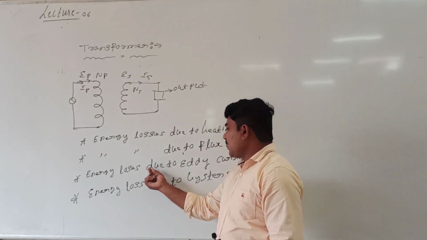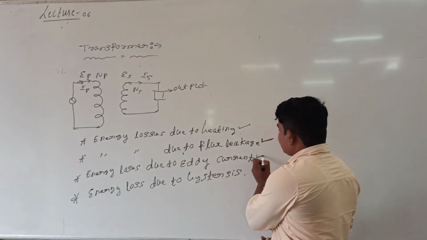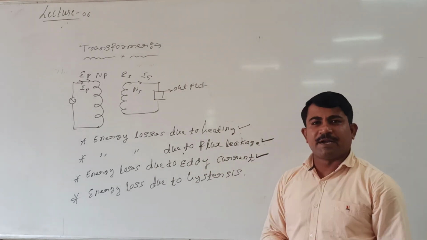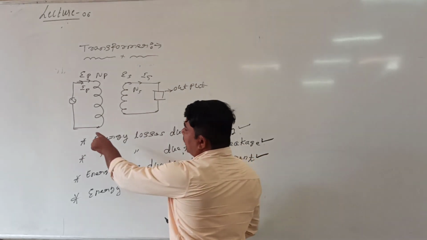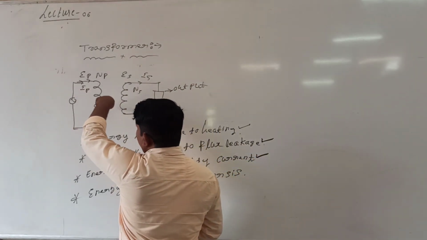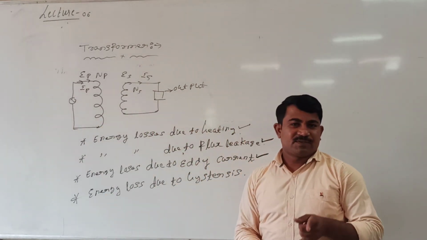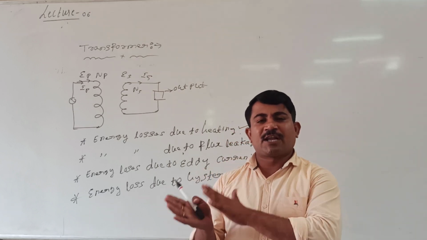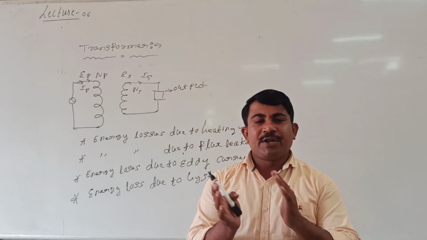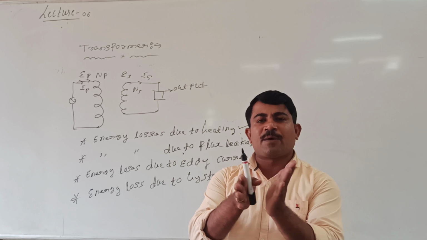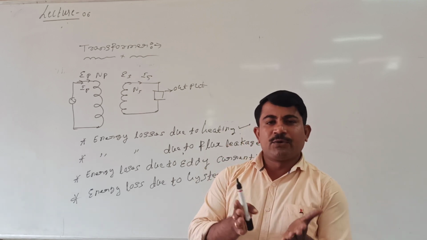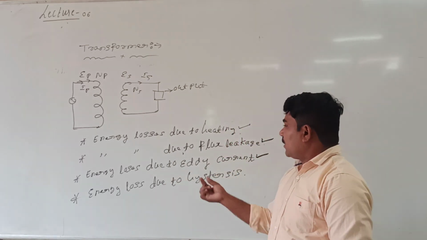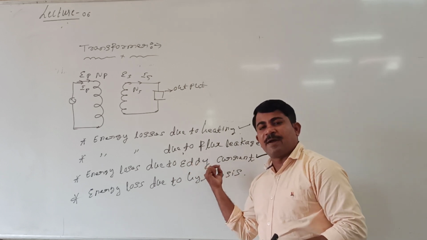Third reason, energy losses due to eddy current. Whenever alternating voltage is applied to the primary coil, circulating current is produced. That circulating current we are calling eddy current. Due to eddy current, already we know that a lot of heat can be generated. Due to the large amount of heat generated, energy is lost in the form of eddies.